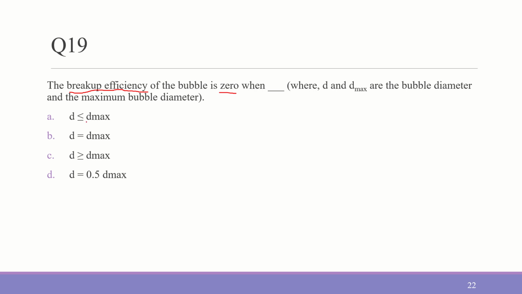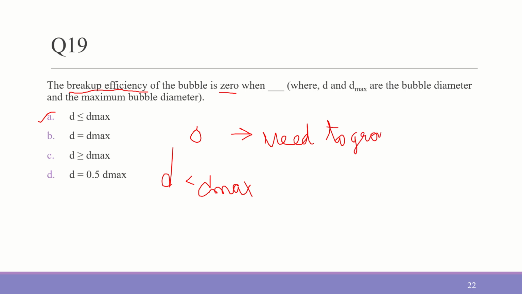So option A, d less than or equal to d max is what happens. If d is less than d max, bubbles need to grow before breakup.